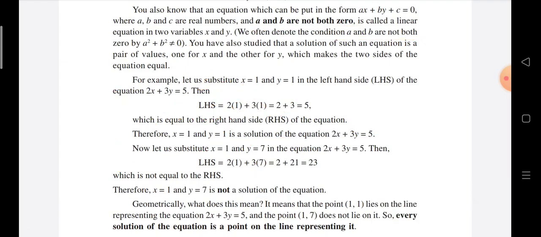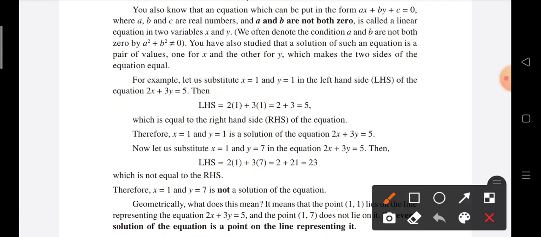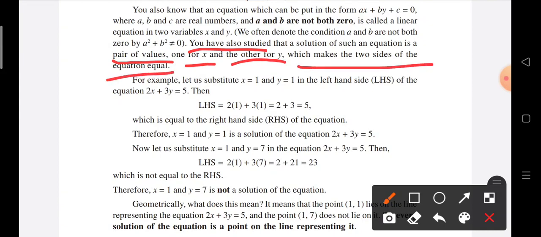Now you also studied that a solution of such an equation is a pair of values, one for x and the other for y. Means if we find the solution, we will get the values of x and y, which make the two sides of the equation equal.